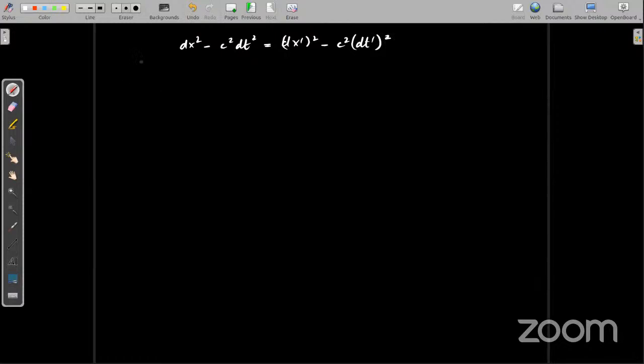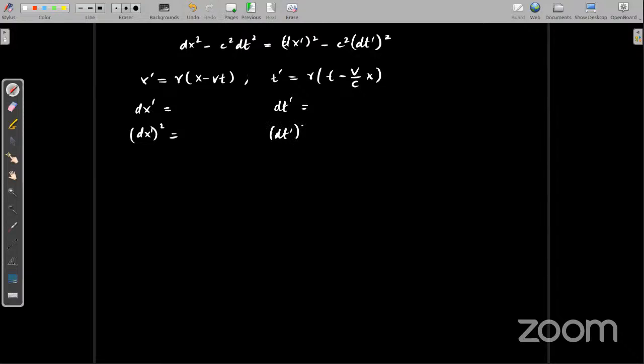In order to proceed from here, you just remember the fact that x prime equals gamma times x minus vt, and t prime equals gamma times t minus v over c times x. You differentiate this, you find dx prime and dt prime, and then you square them, right? You get something. I'm not going to do the entire math of it.